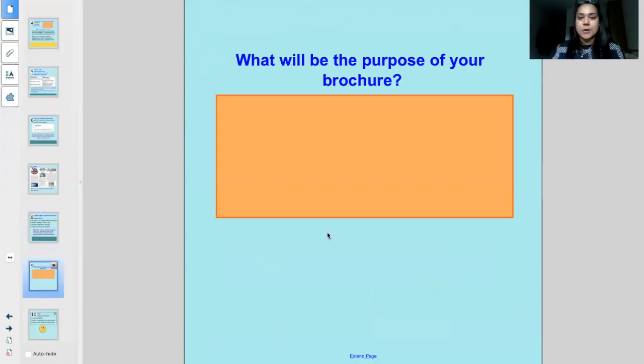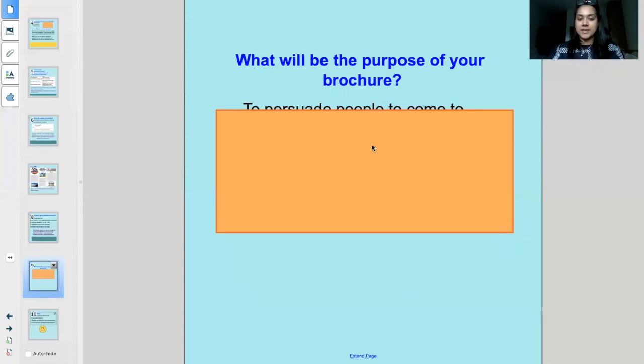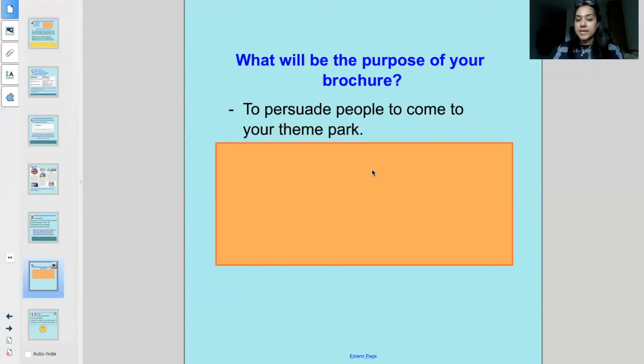Brilliant. Okay, so now let's have a think about what the purpose of your brochure would be. Okay, pause the screen. What do you think the purpose of your brochure would be? Okay, brilliant. So remember, we spoke about persuading the audience. Now, the purpose of your brochure would be to persuade people to come to your theme park.